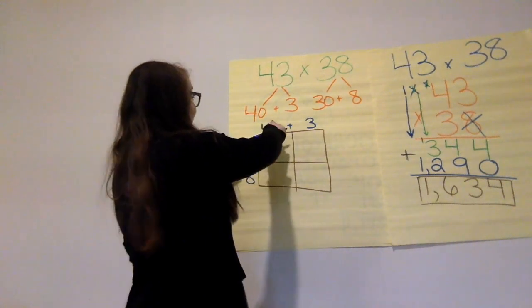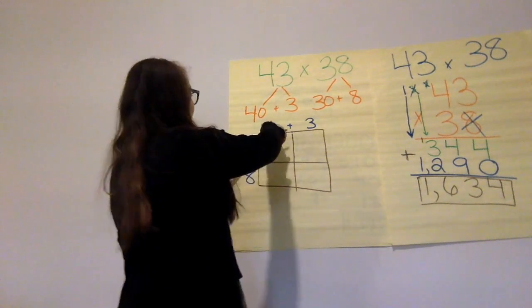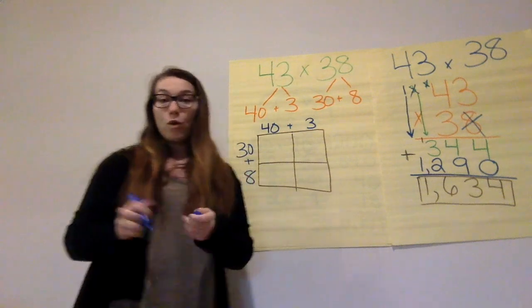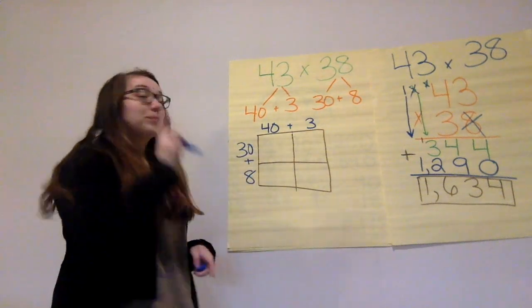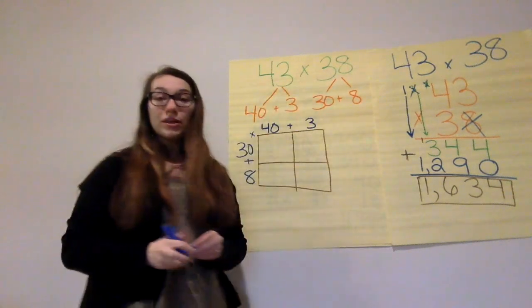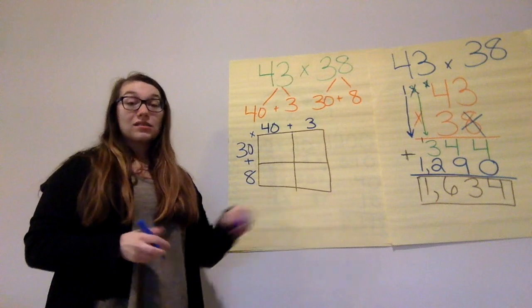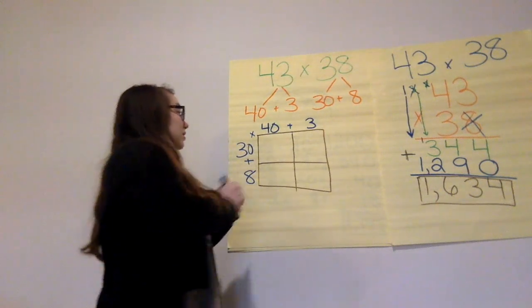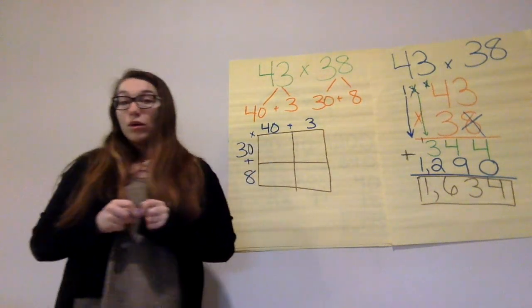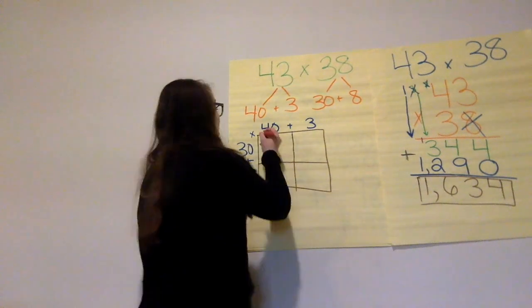And next, I need to figure out what numbers meet in which box. So in the first box, we have 40 times. Oh, don't forget your times because that is ultimately what we're doing. We're multiplying. So everything in the box, we're multiplying. So in this first box, 40 meets 30, which means we're going to do 40 times 30.